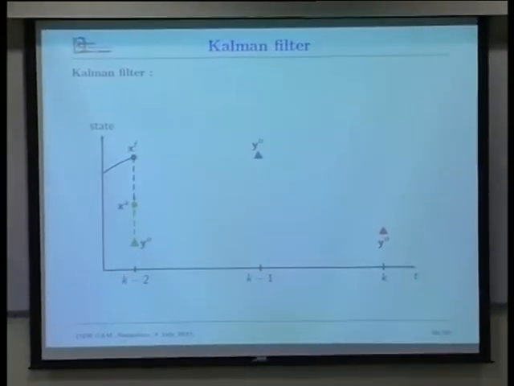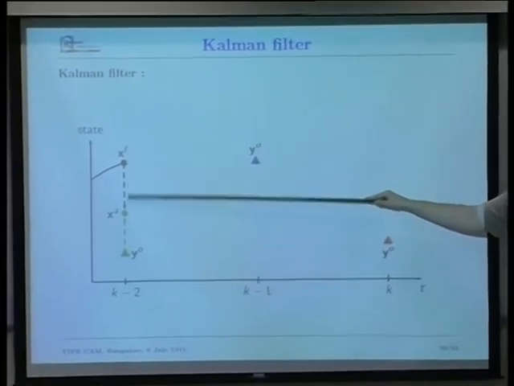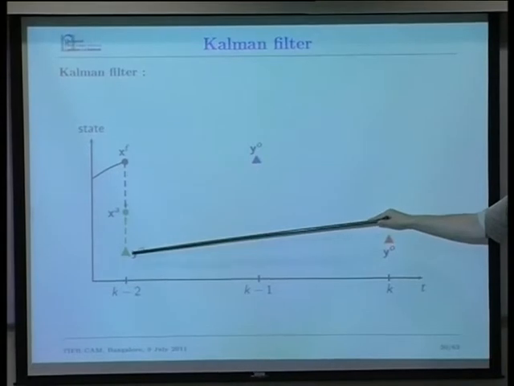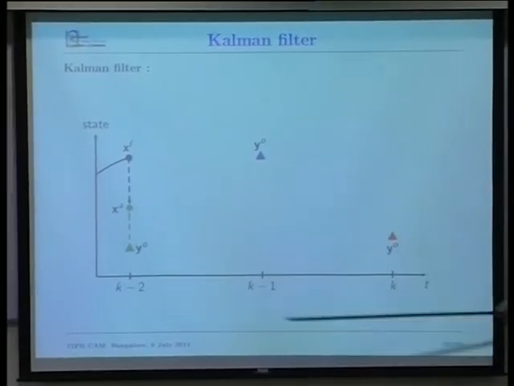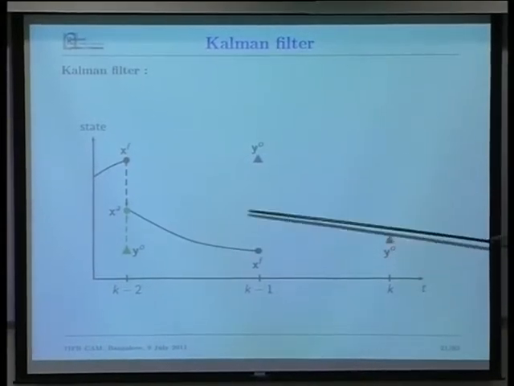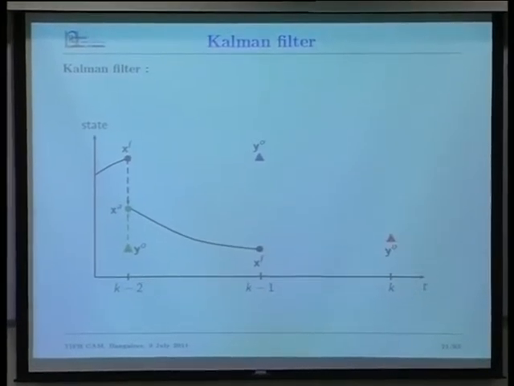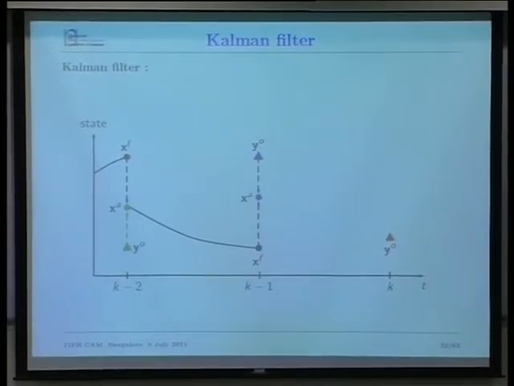So you make an analysis. You update the forecast with the difference between the observation and the forecast and the Kalman gain matrix. So you get an analysis, and then you use the model to compute the forecast at the next time step. And then you have a new observation.